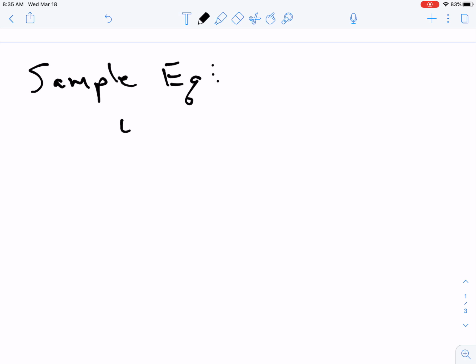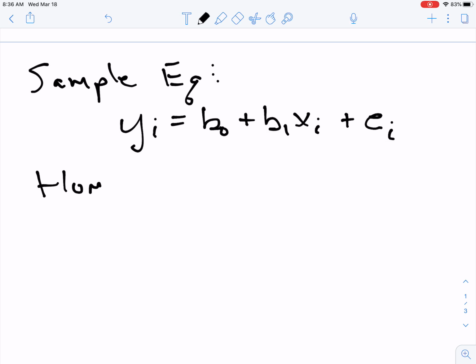So we'll have yi equals b naught, a sample intercept, plus b1 xi plus ei, a set of sample errors. That's what that ei is, sometimes called residuals. And notice that this is just a placeholder. This is a general sample equation, but if we were doing this for our home price example, our sample equation would actually have numbers because we'd get those estimates.